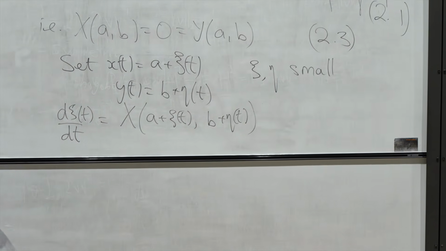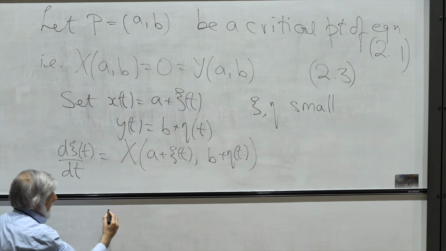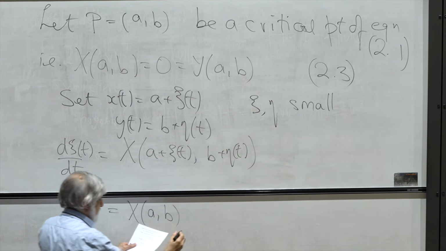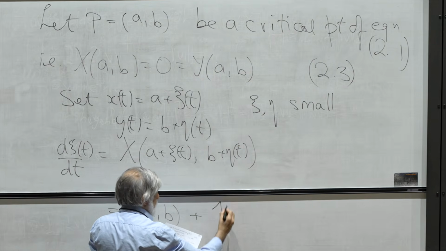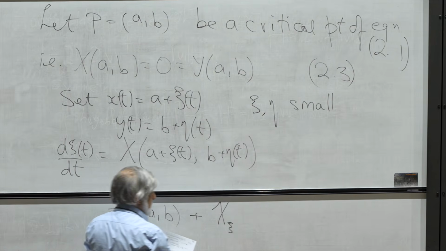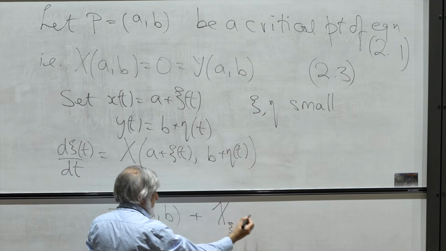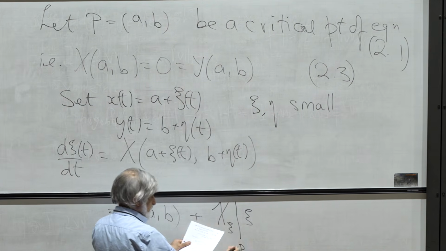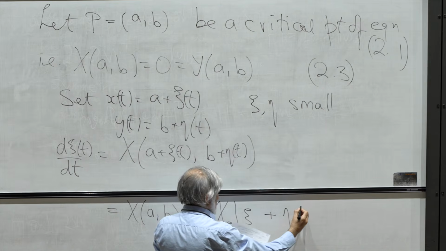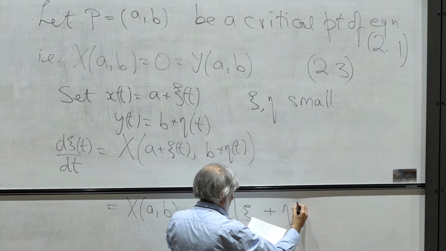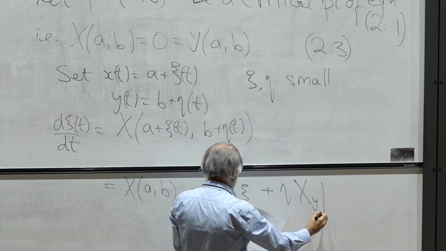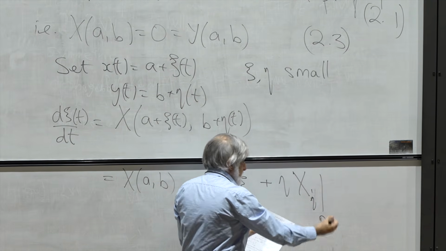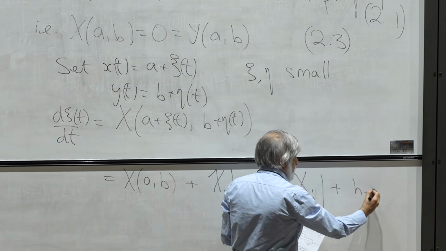And what I'm going to do then, obviously, is expand that by Taylor: x of (a,b) plus, and I'll use this notation for the partial derivative, that's at the point P multiplied by xi, plus x_y at P multiplied by eta, plus higher order terms.